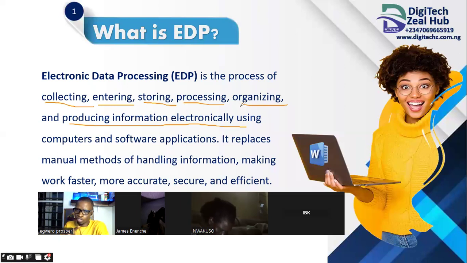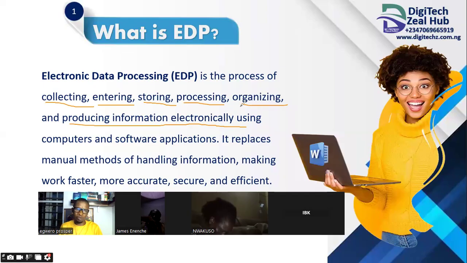Now, it's not just collecting and storing, you must also know how to process them. Word processing is talking about transformation. It's talking about changing the state of whatever you must have collected, all right?